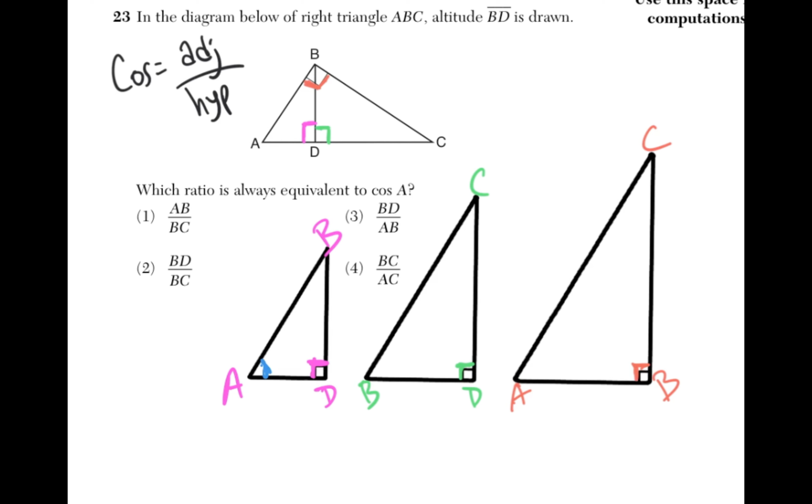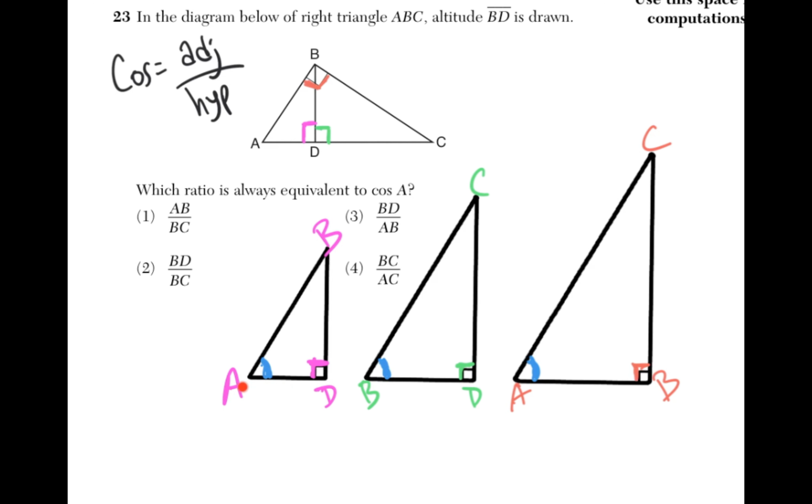So this is the cosine of A, and because these triangles are similar, I know that angle A in the small triangle is congruent to angle B in the medium-sized triangle, which is congruent to angle A in the large triangle. And so now we need to think about which ratio is always equivalent to cosine of A?